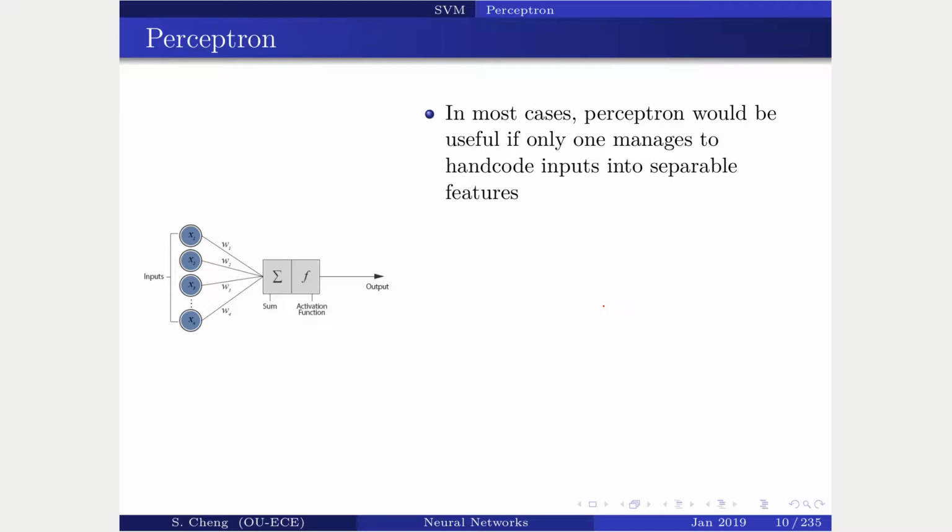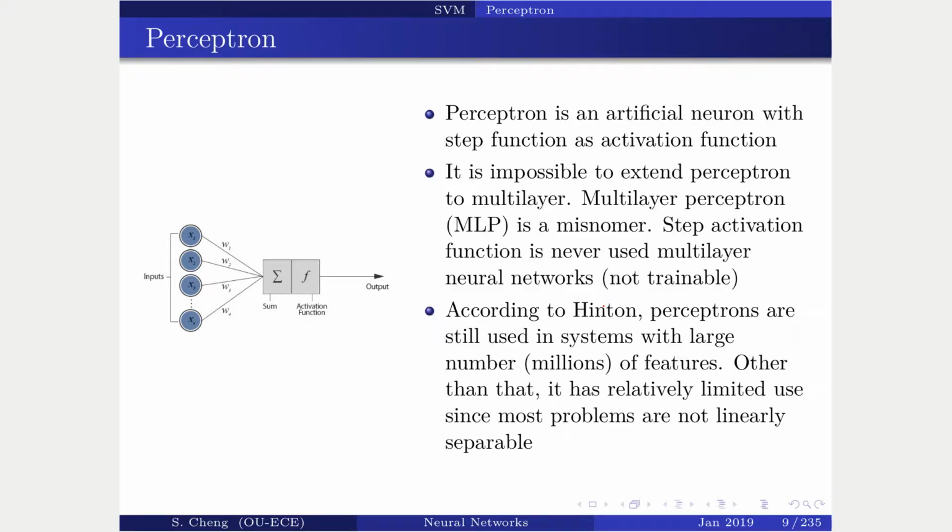In any case, I'm not sure perceptron has any use anymore. Typically what they did is they only try one layer perceptron. If you have multi-layer perceptron, you don't know how to train it. One layer, they train it by some kind of heuristic, like you adjust some parameters a little bit, adjust the other parameters a little bit, and so on and so forth.